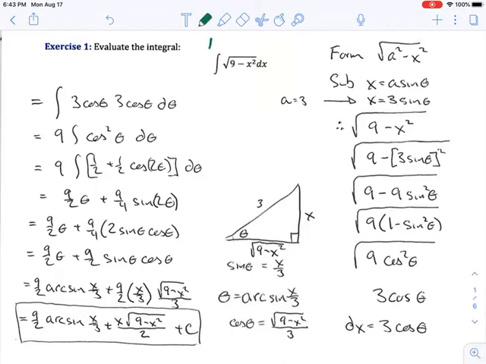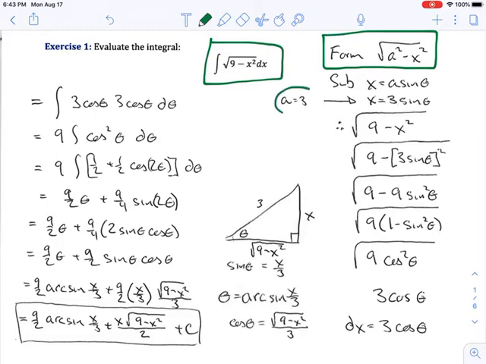So here's my original problem. What I like to do first is identify the form that I'm looking at. Yes, this is the form square root of a squared minus x squared, where a is equal to 3. So the trigonometric substitution says we let x be equal to a sine theta.